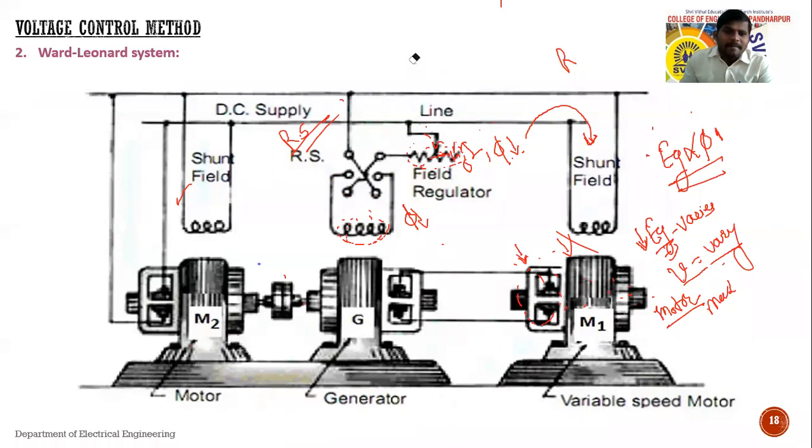See, the line can be connected to the field winding. Again, the line can be connected to the field winding by using the field regulator. Suppose the connection is of this type.